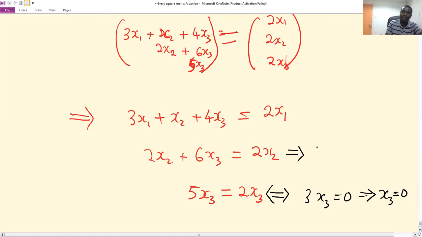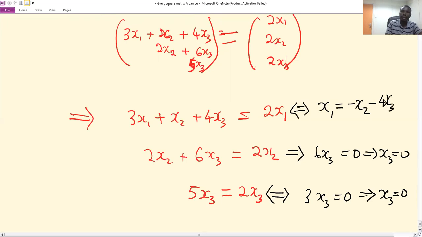From this one, 6x3 is 0, which still confirms that x3 is 0. And then here we have x1 equals minus x2 minus 4x3. And since x3 is 0, it means x1 equals negative x2.